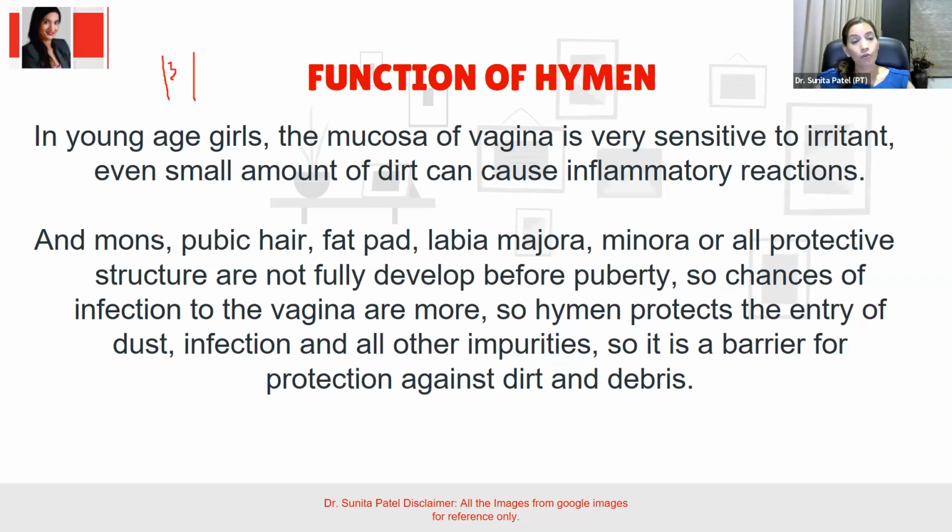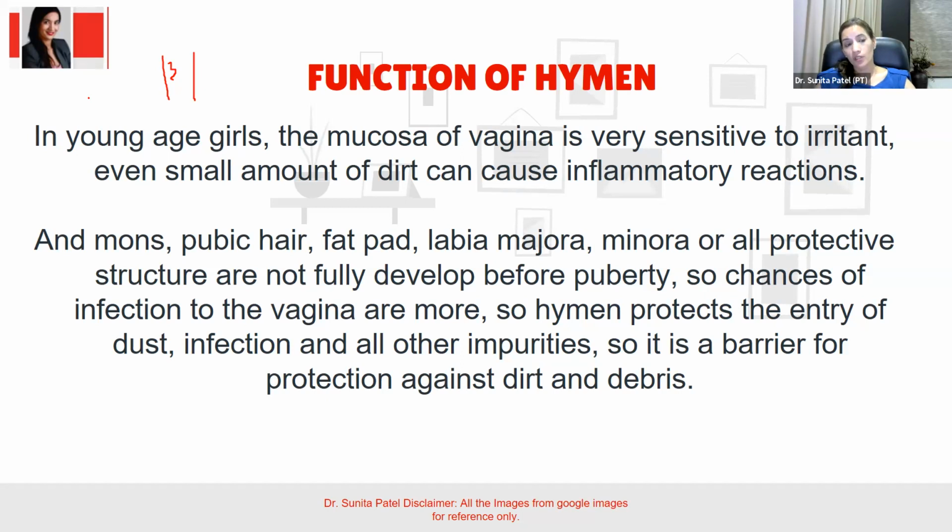Before puberty, pubic hair is not present. During puberty, pubic hair starts developing. The vulva starts developing. The fat cells, the subcutaneous cells, the glands in the mons pubis, labia majora, and minora, the skin, the glands, everything is developing during this puberty.